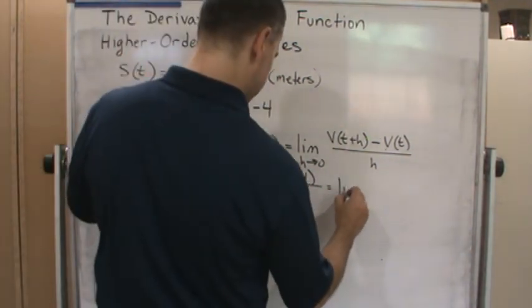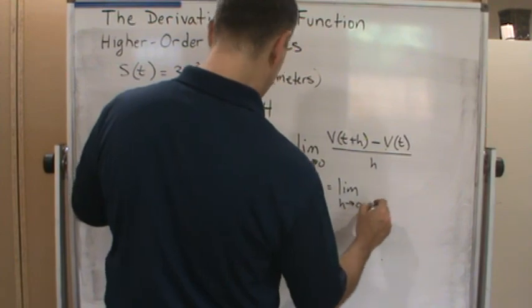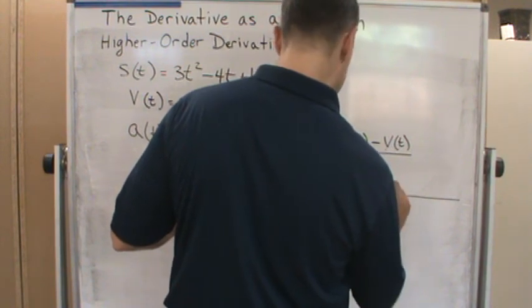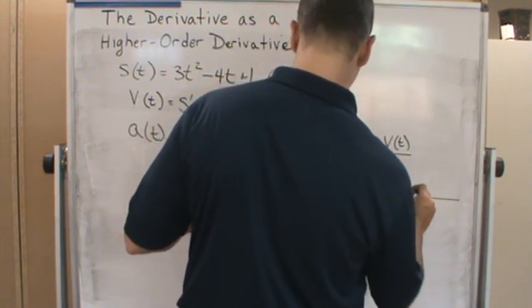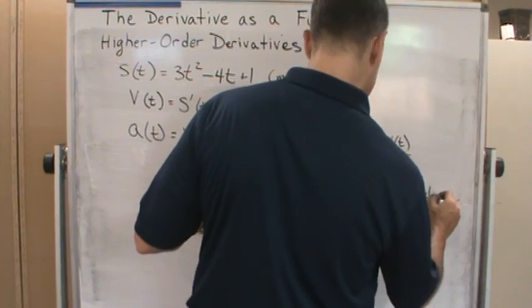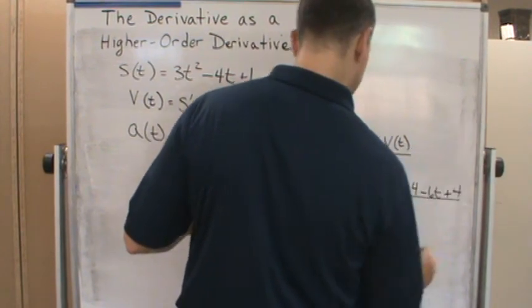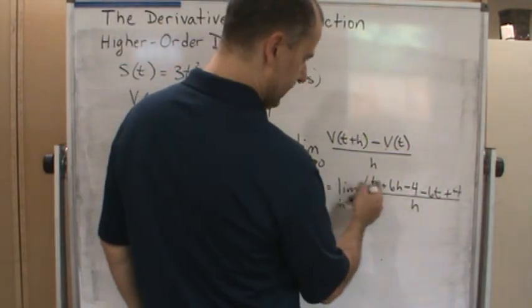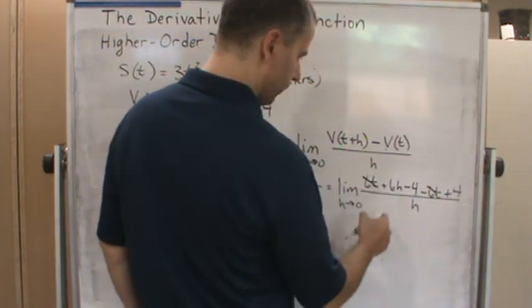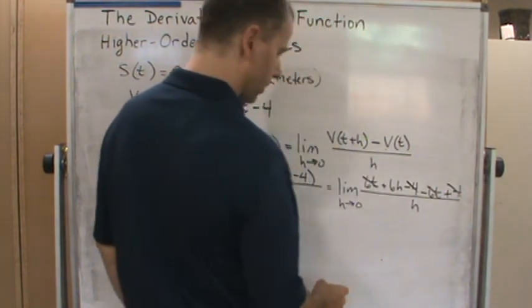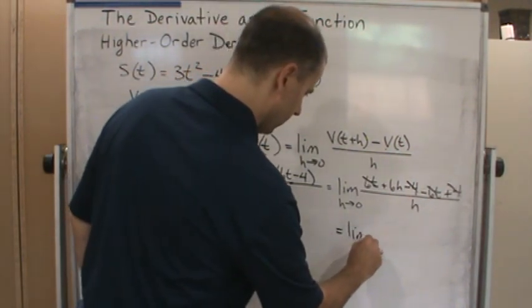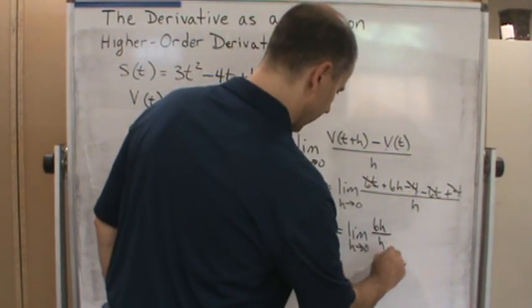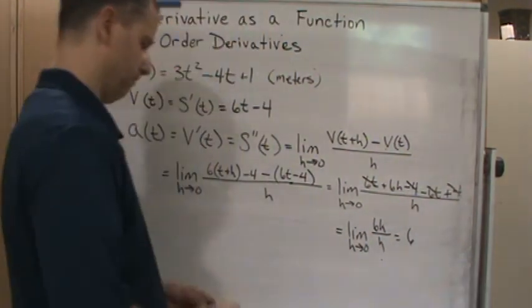And so this equals the limit as h approaches 0 of 6t plus 6h minus 4 minus 6t plus 4, over h. And now look what happens. 6t minus 6t cancel. Minus 4 plus 4 cancel. And I end up with the limit as h approaches 0 of 6h over h, which equals 6.